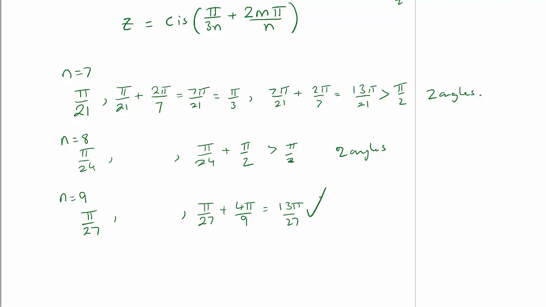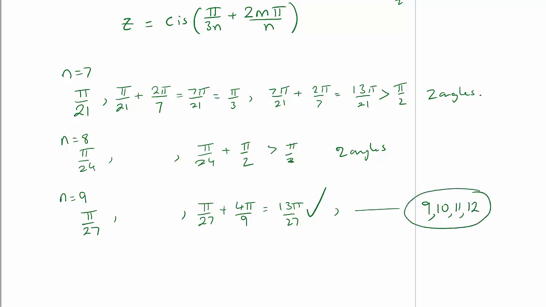That's less than pi by 2. If you go to the next angle, you'll find it doesn't. And if you continue to explore, you'll find that it works up until 12. So the values of n that work, 9 that we just found, 10, 11, and 12.